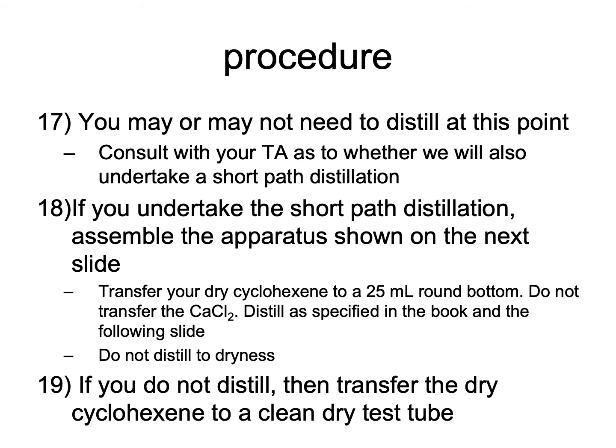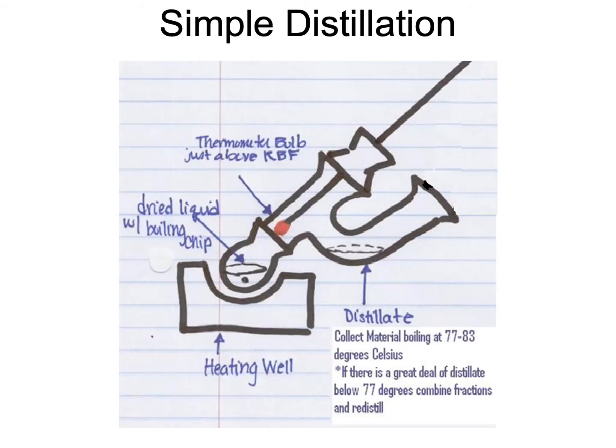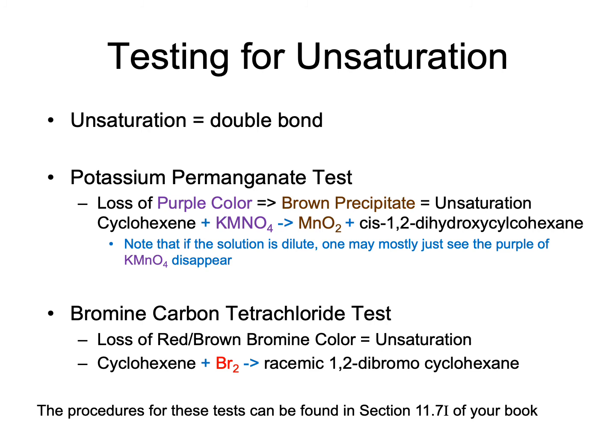We may or may not need to distill the remainder of the mixture. As you see, we are going to use a simple distillation in this slide to distill the cyclohexene again and collect the distilled cyclohexene. To test the production of cyclohexene, or testing for unsaturation, we can use potassium permanganate or bromine.